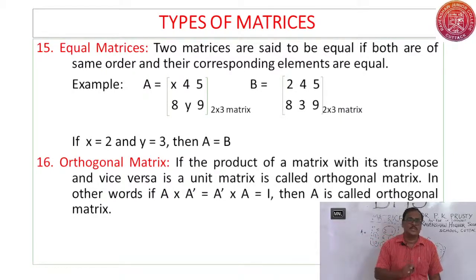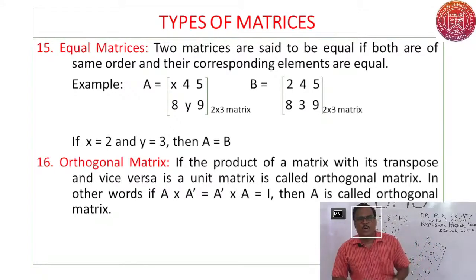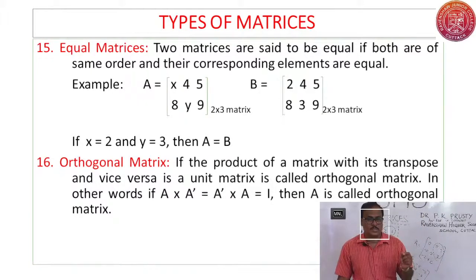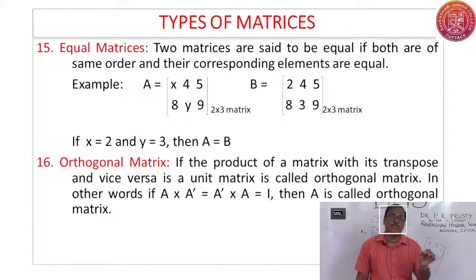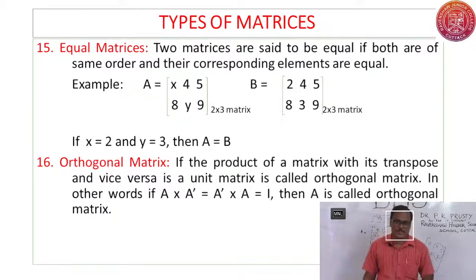Then the last one is the orthogonal matrix. For the orthogonal matrix, A into A dash must be equal to I. What is I? I means identity matrix or unit matrix.